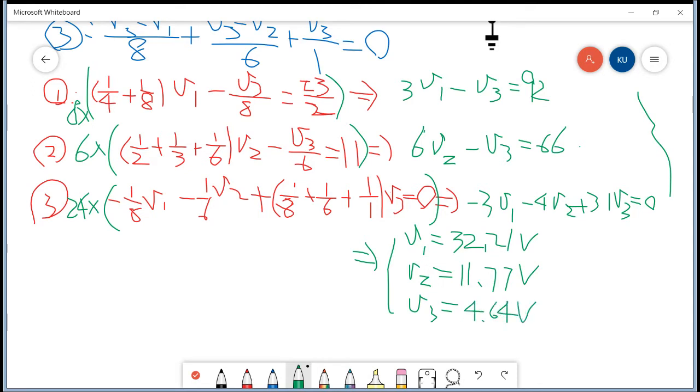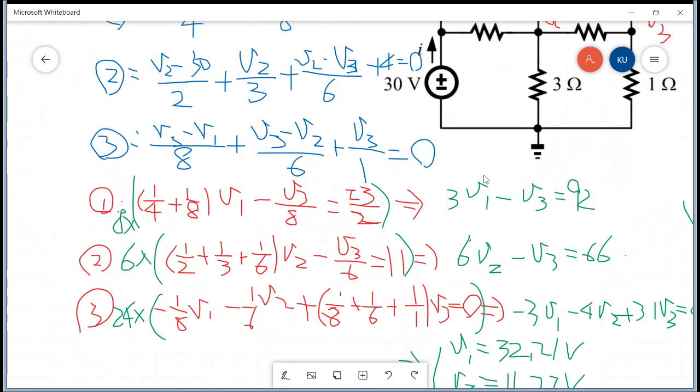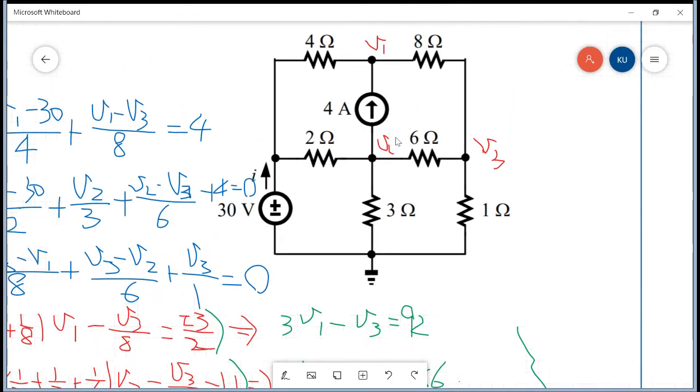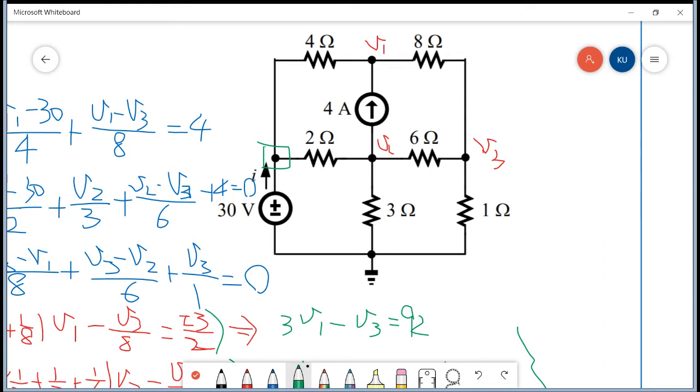So now we can calculate any voltage or current in this circuit. We can use KCL at this node. We know that I equals this current plus this current. So this is 30 minus V1 all over 4, plus 30 minus V2 all over 2.